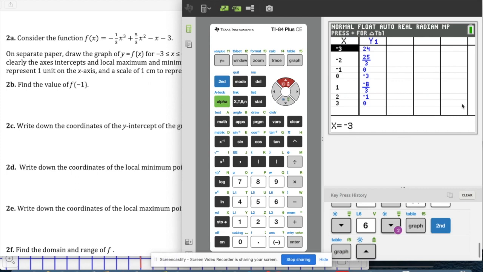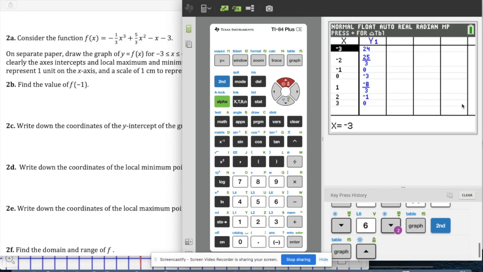Next point down here. Then 1 is -8/3, which is like 2 2/3. 2, -1, 3, 0, and then I'm supposed to continue out to the other side.